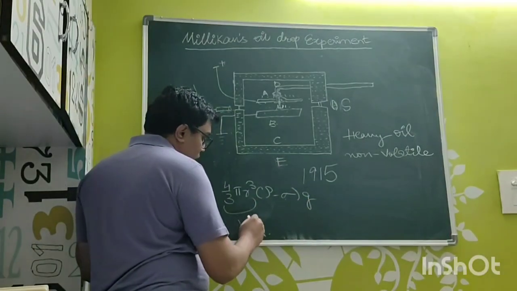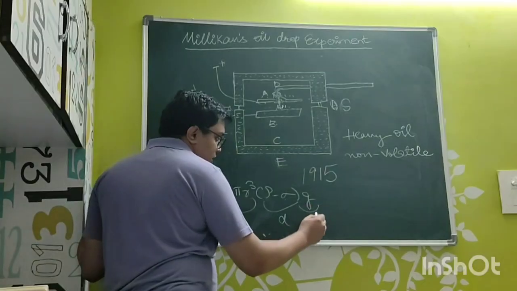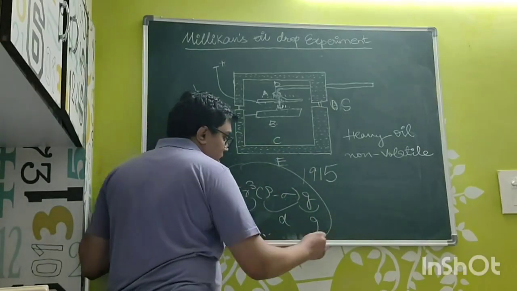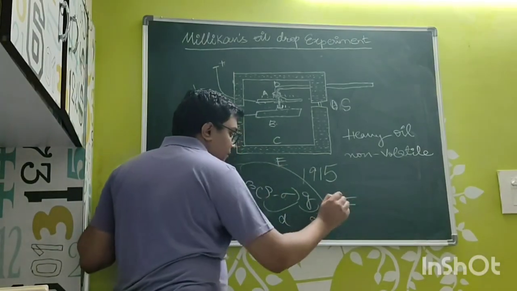So this is volume, this is density, and this is g. Together it is a force.